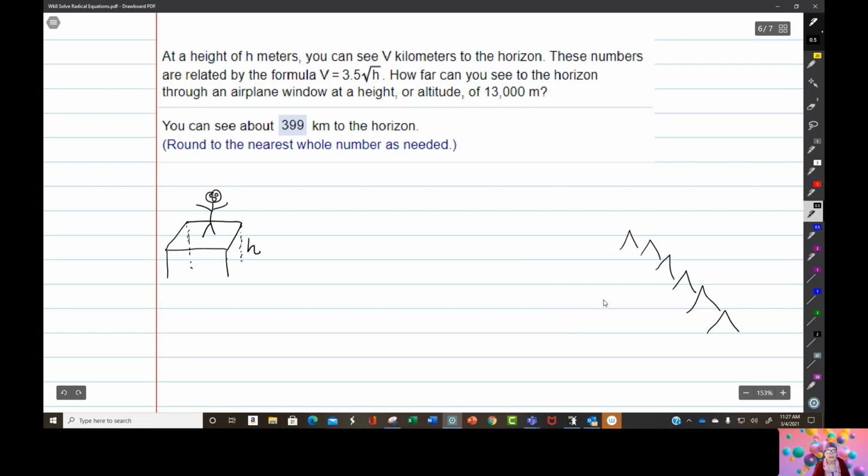They're all volcanoes, you know, they really are. If you are h meters high above the ground, that would have to be really high above the ground, but yeah, okay. You can see v kilometers to the horizon.